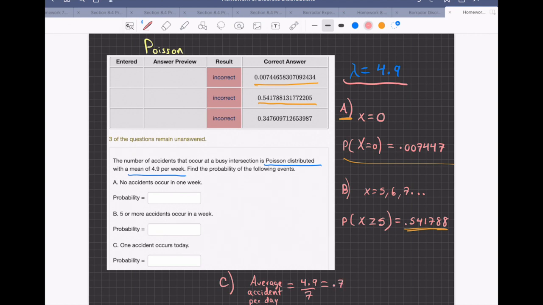So for part C, we use lambda equal to 0.7, and we look for the probability of exactly one accident, so x equal to 1, because it says one accident.